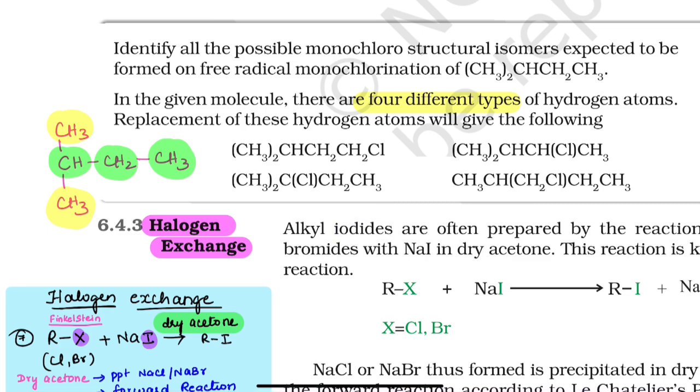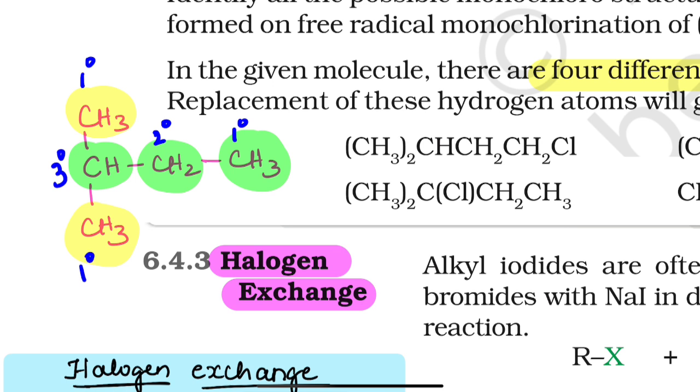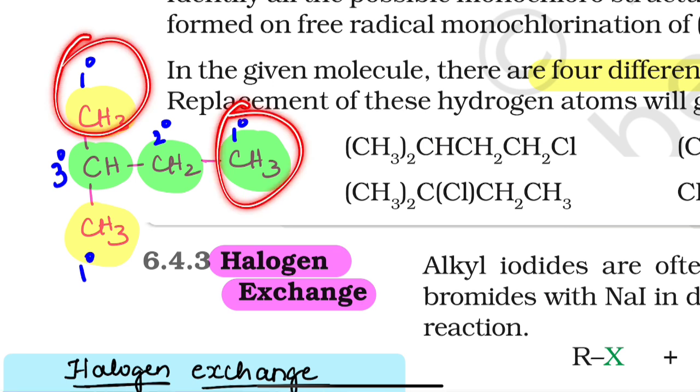How to find out is, this hydrogen is attached to this carbon. So this carbon is primary carbon, and this carbon is secondary carbon, and this is tertiary carbon. This is primary carbon. This is primary carbon. So we have 3 primary carbons.